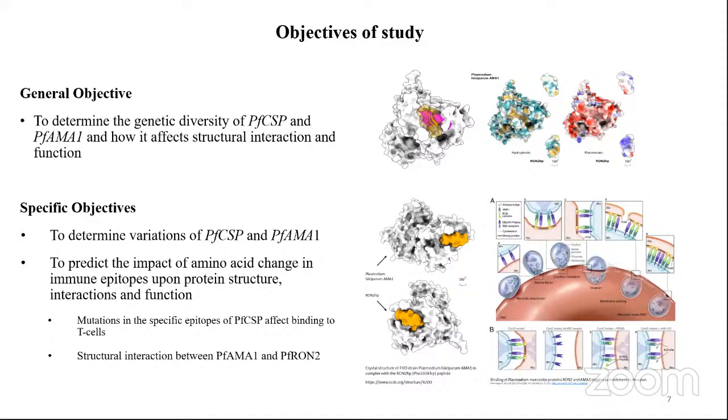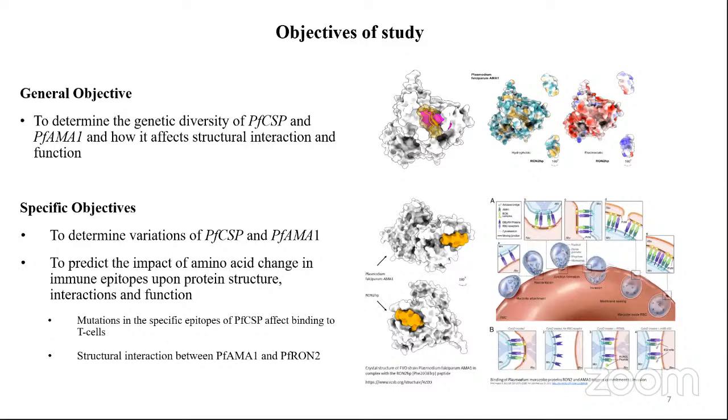For PfAMA1, we are looking at structural interactions between this protein and another protein called PfRON2. PfRON2 means Plasmodium falciparum rhoptry neck protein 2.